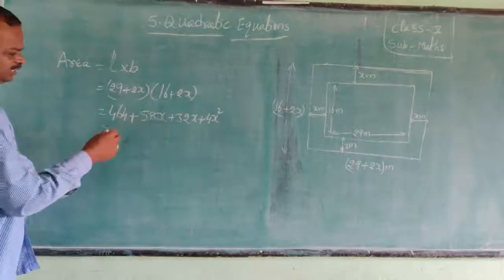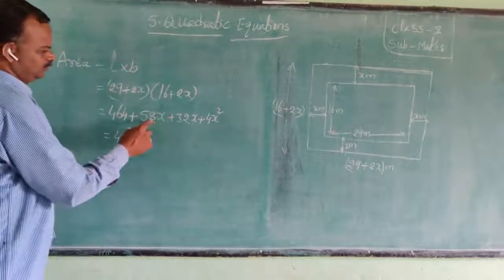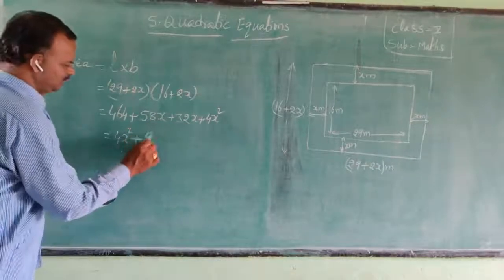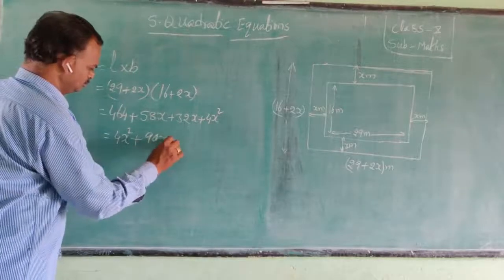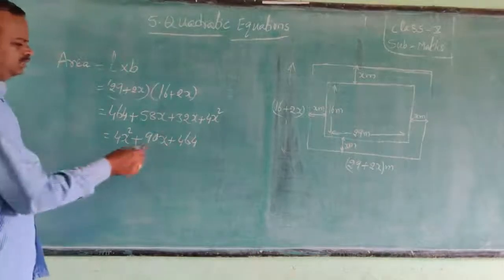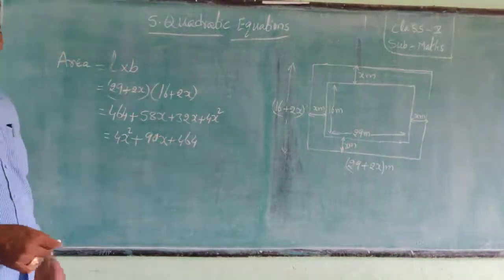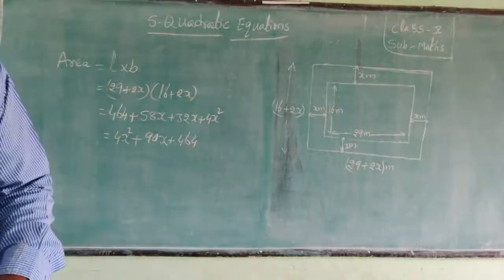Writing in order: 4x square plus 58x plus 32x, that is 90x, plus 464.